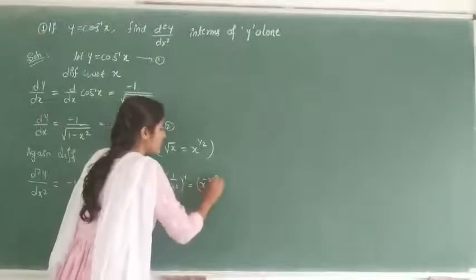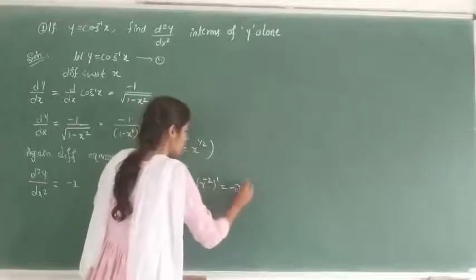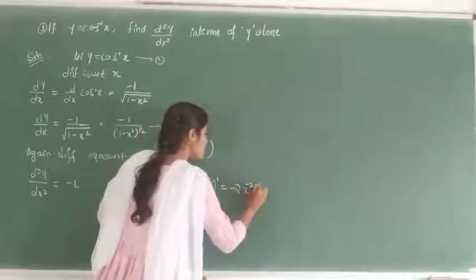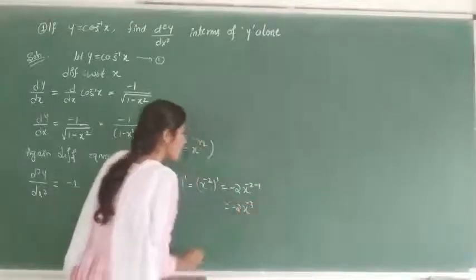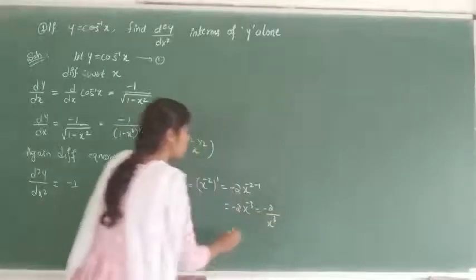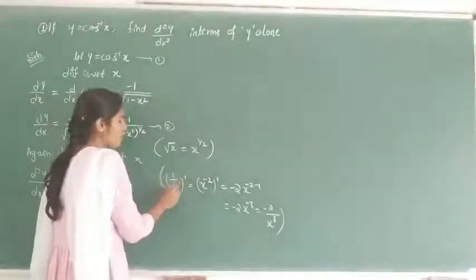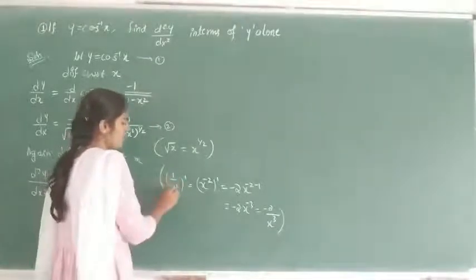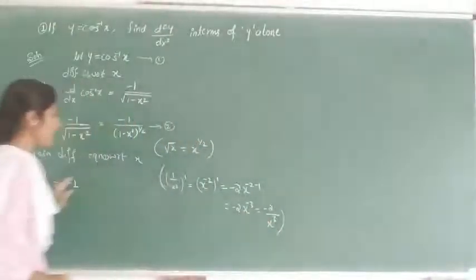The derivative of x to the power minus 2 will be minus 2 into x to the power minus 2 minus 1, so that will be minus 2 into x to the power minus 3, that is minus 2 divided by x cube. This is how we calculate the derivative of 1 by x square: it will be minus 2 divided by x cube.